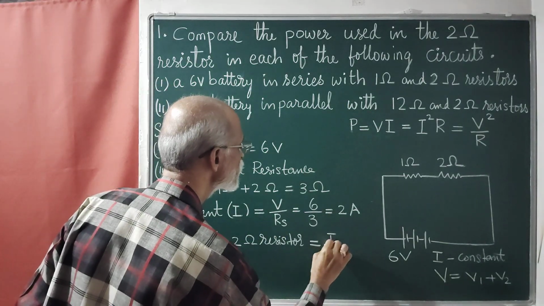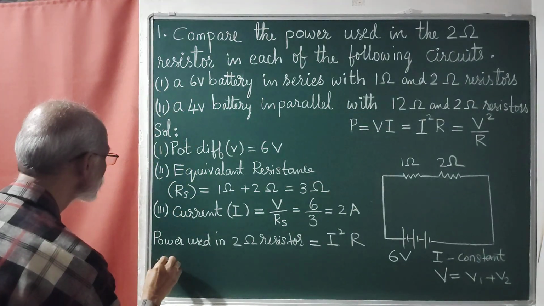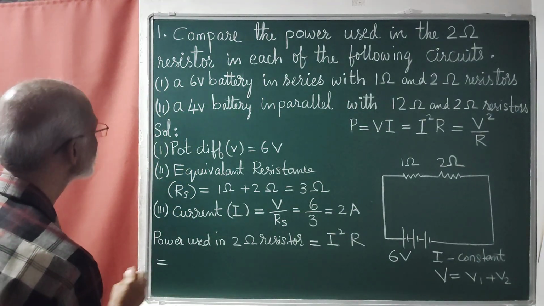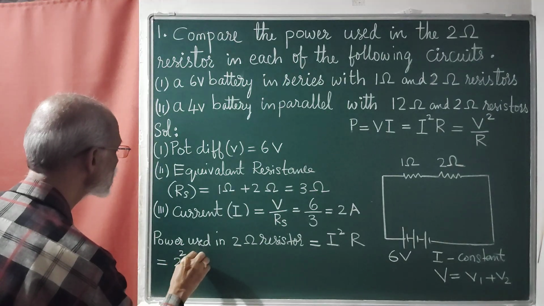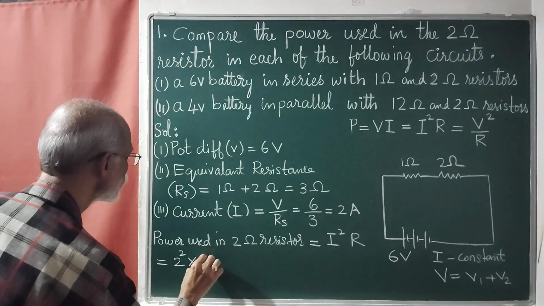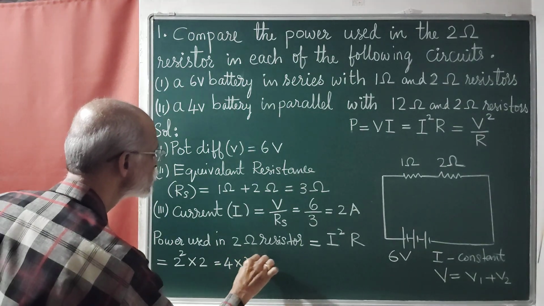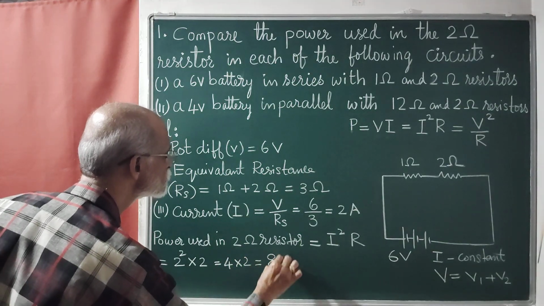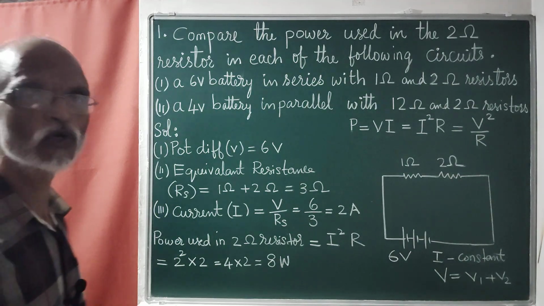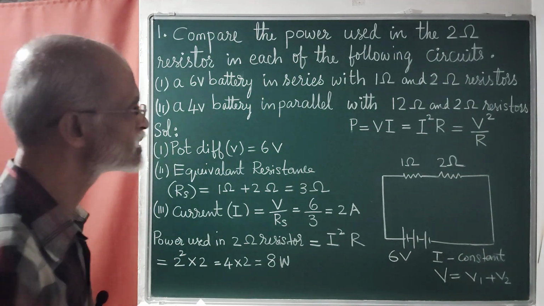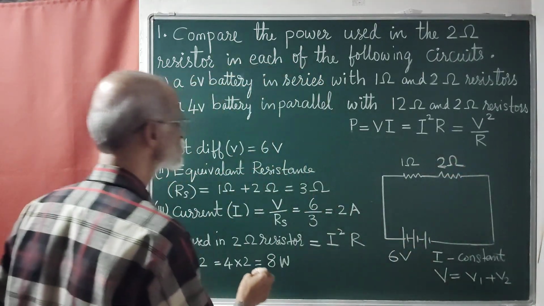So this is I square R, that's equal to 2 square, what is R? R is 2. 2 square into 2, that is 4 into 2 equal to 8 watts. So in this circuit, the power used by the 2 ohm resistor is 8 watts.